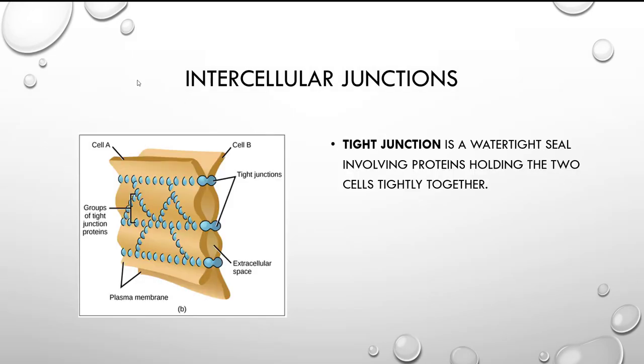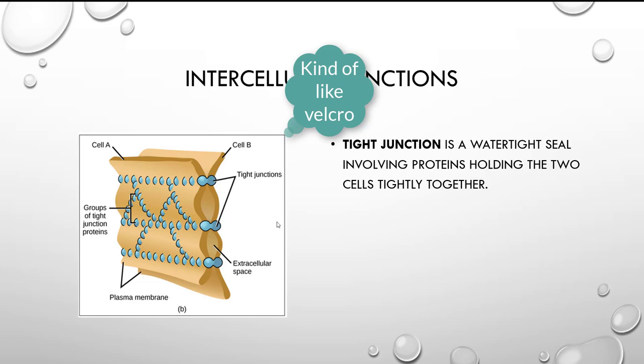Moving on, for intercellular junctions for animal cells, we're going to start with our tight junctions. Tight junctions are almost like Velcro. So imagine this is Velcro. These tight junctions form a watertight seal. The way that they do that is they have proteins holding the two cells together.